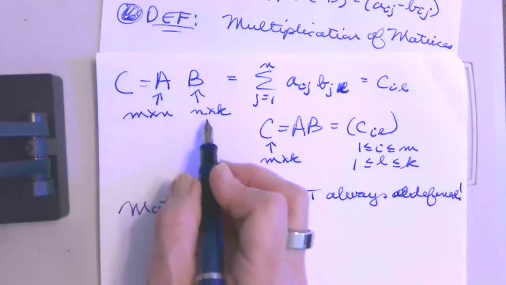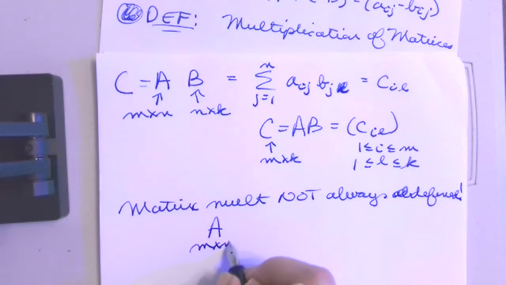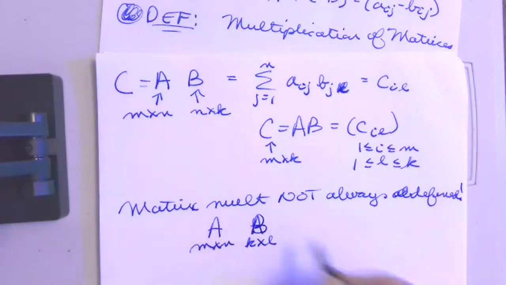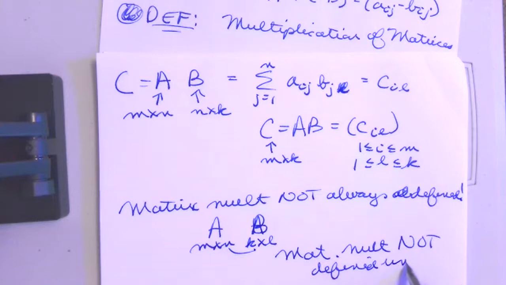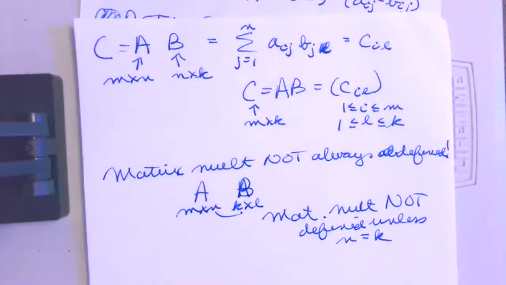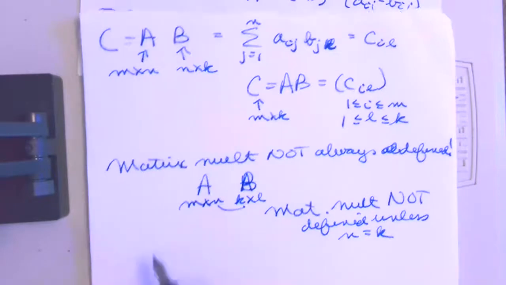If the middle numbers don't match, if you have an M by N times a K by L matrix, then the matrix multiplication is not defined unless N is equal to K. If the two middle numbers don't match, you can't multiply, period. With that as our definition, we'll come back and do an example in one minute.